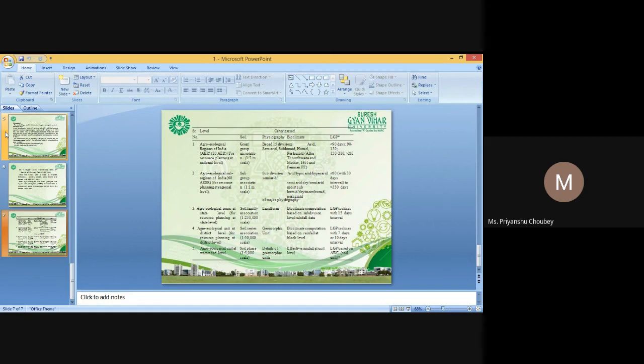Warm pre-humid ecoregion with red and laterite soil. Geographic area 10.6, gross cropped area 1.12.